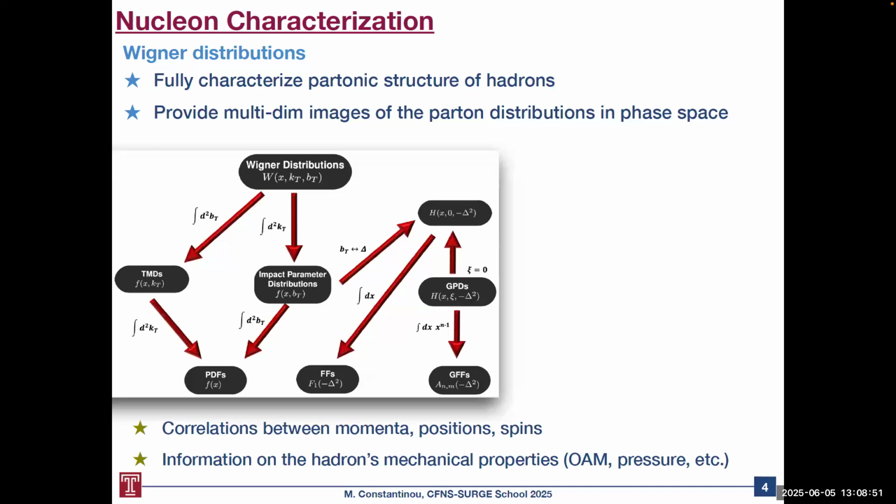Basically what this diagram shows is how, starting from a quantity that incorporates all of this information, you can start integrating out some of this, and you get more simple, in quotation marks, quantities. And as one would expect, the ones that are 1-dimensional are easier to understand, both to calculate on the lattice and also to extract experimentally. Their phenomenology is much simpler than having to deal with 3-dimensional quantities.